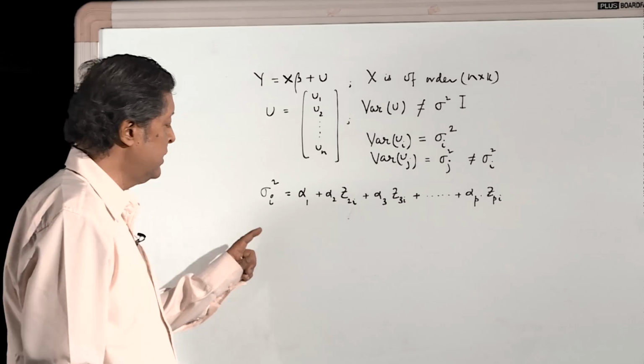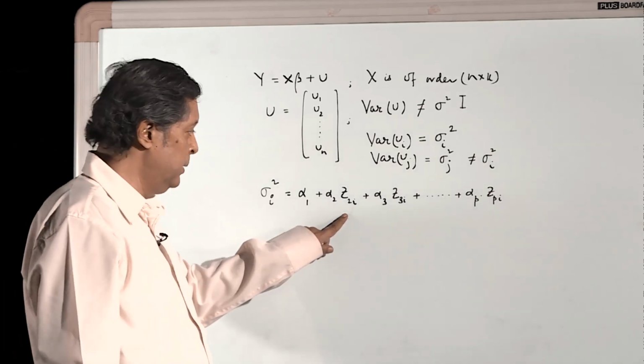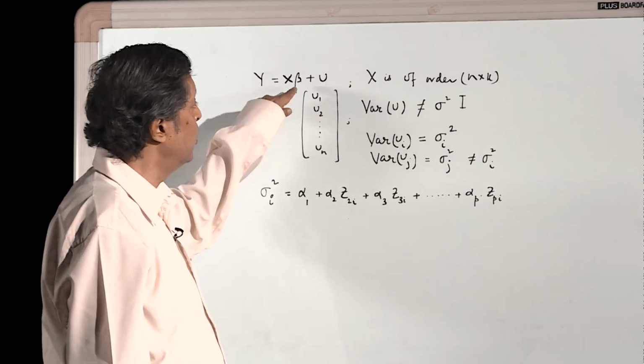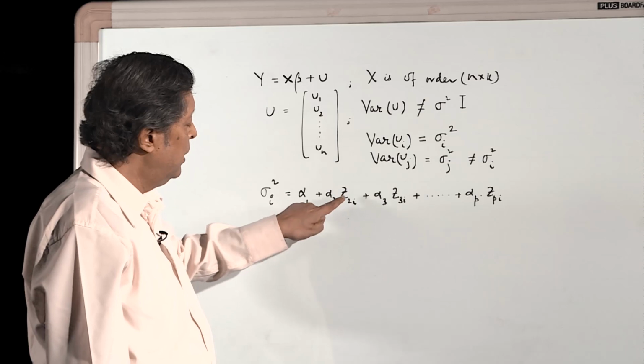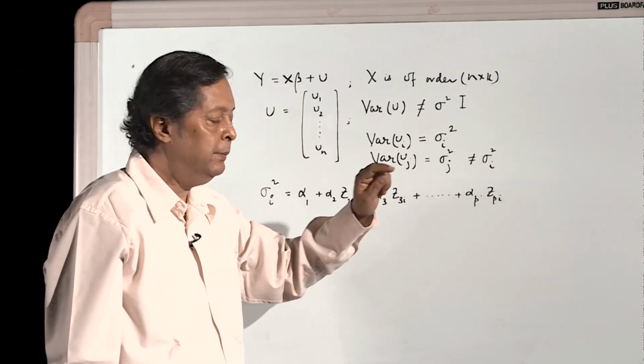So, that tells us that sigma i square depends on other variables Z, some or all of which could be the original variables X. Z2, Z3 right up to Zp.